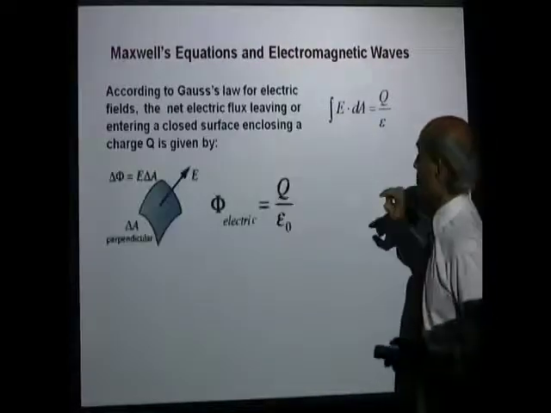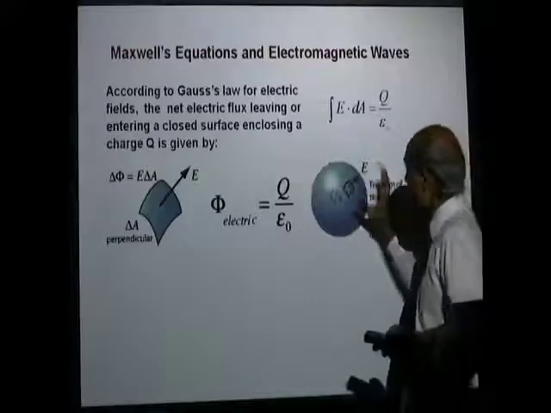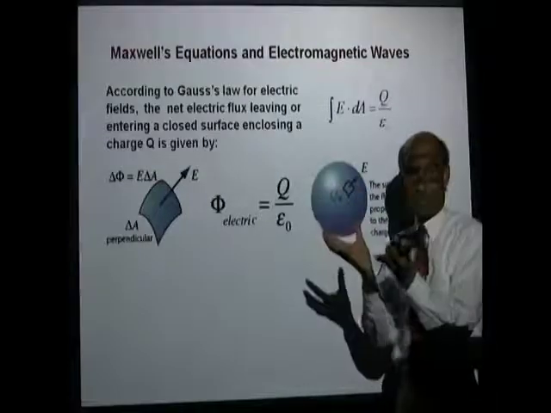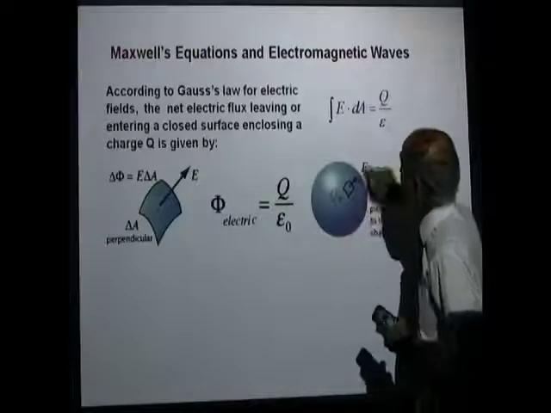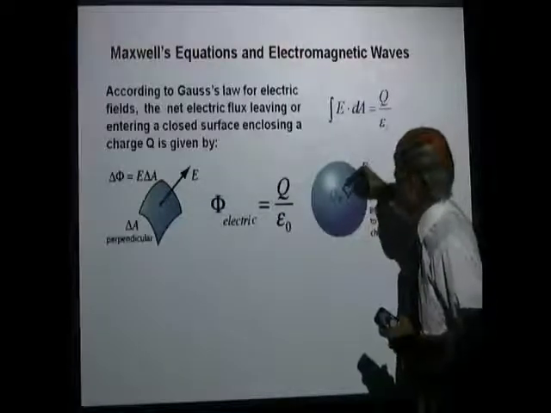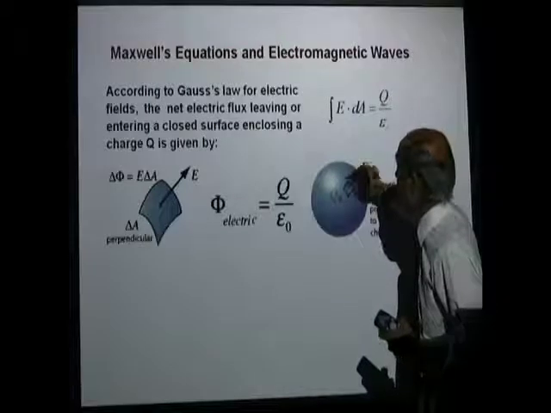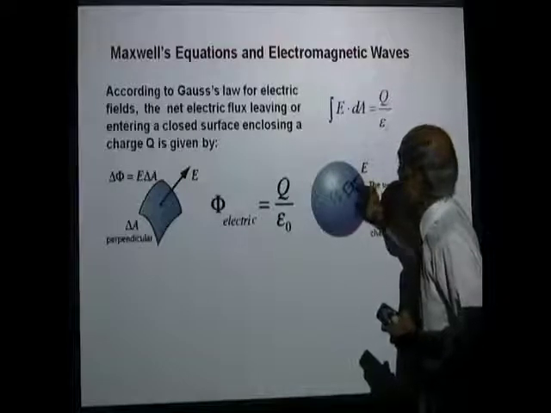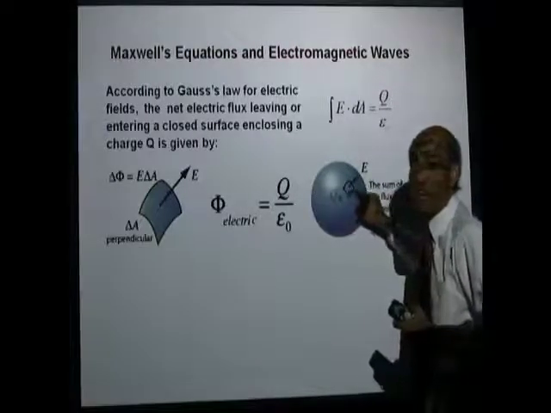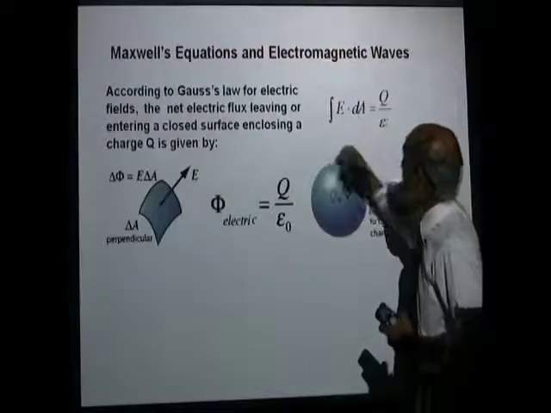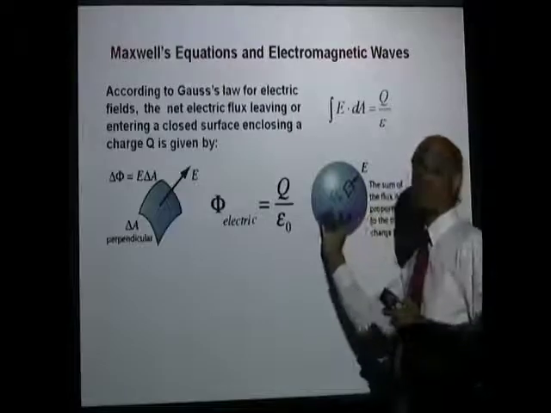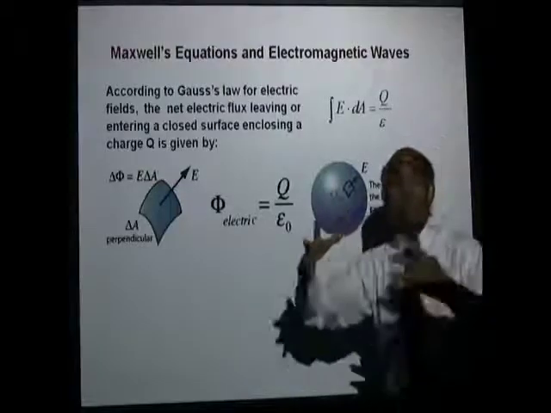E dA. Well, if you consider a surface, E is the electric field at right angles to that surface, and dA is a very small area. So E dA is the flux leaving that element of area, and if you integrate that over the surface, that is the net flux.